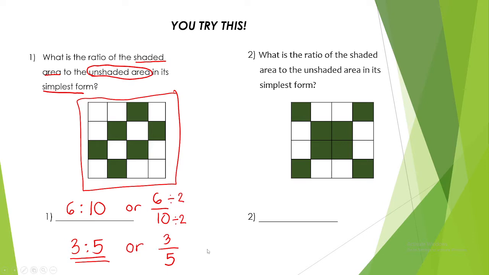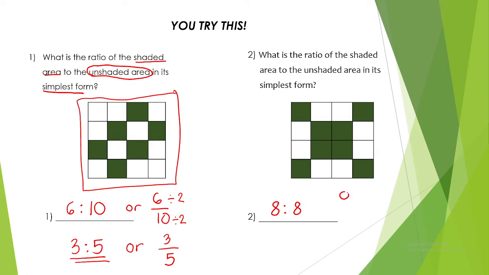Okay, let's go to our second example. How many shaded regions are there in the second figure? There are 8. 8 is to how many? 8 also. There are 8 shaded and 8 unshaded.